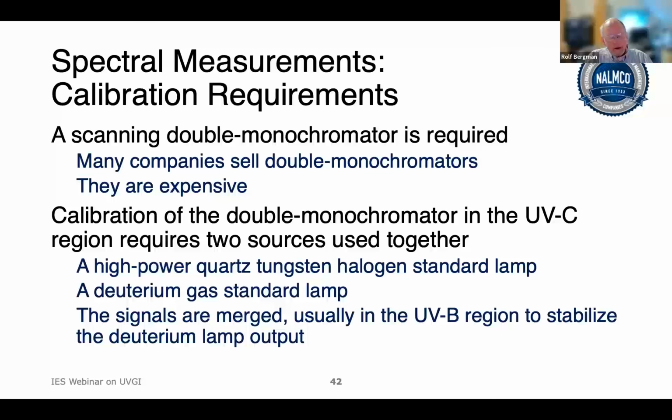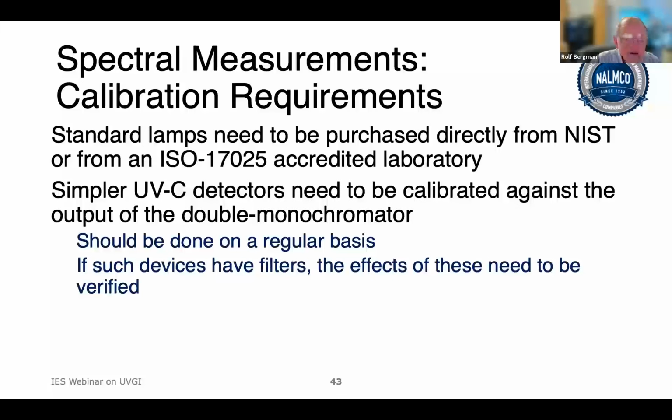So when you make the spectral data, you then also measure a tungsten quartz halogen lamp, usually 1,000 watt, 500 watt lamp, which has been calibrated usually to 250 nanometers and up. Then you find a region in the UVB around 300 nanometers where you can have enough signal from both that you can then normalize the deuterium lamp signal to that of the quartz halogen and stabilize the deuterium lamp output.